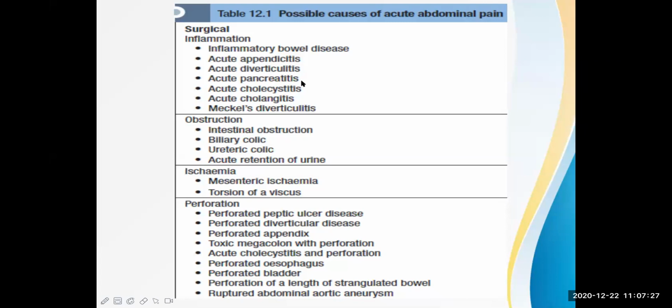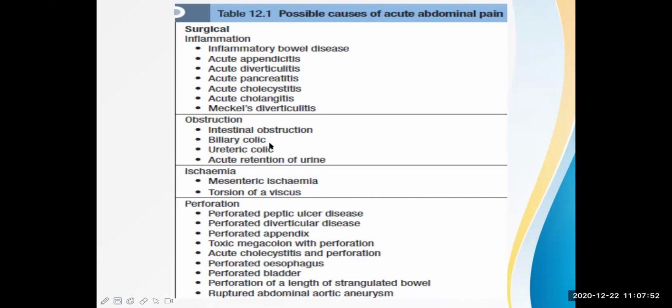Acute pancreatitis, inflammation of the pancreas. Acute cholecystitis, acute inflammation of the gallbladder. Acute cholangitis, acute inflammation of the biliary duct, usually the common bile duct. So these are some of the important causes. Now from the obstructive group, we have intestinal obstruction, maybe small bowel or large bowel.